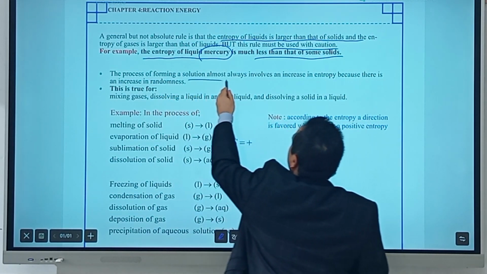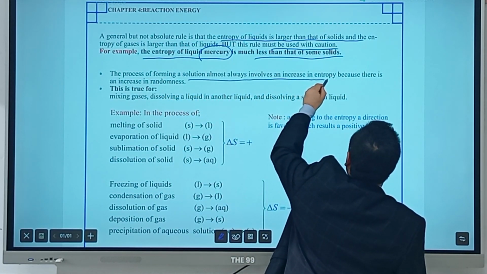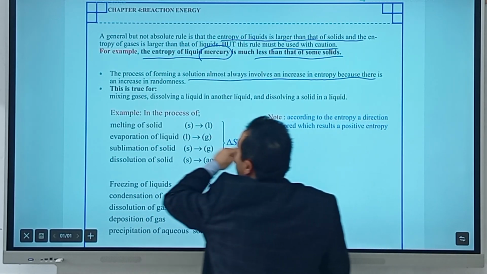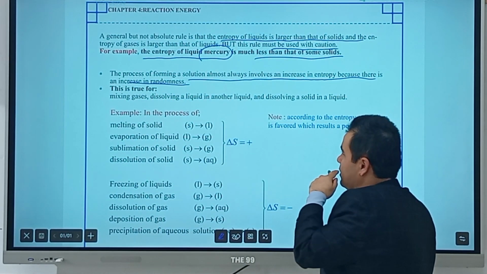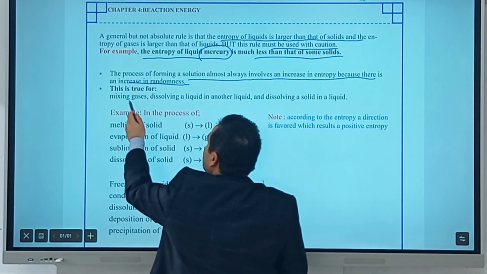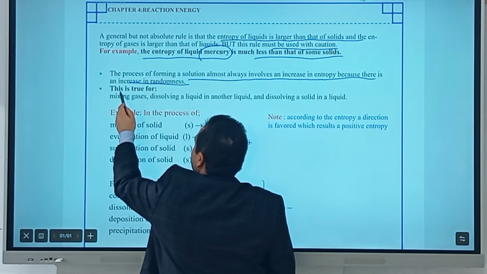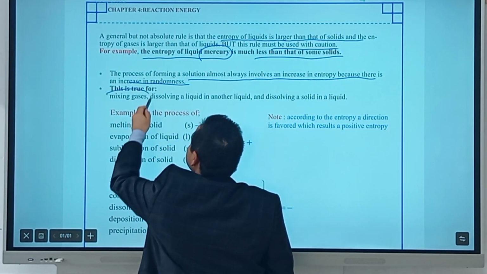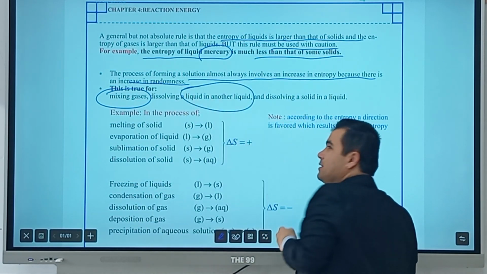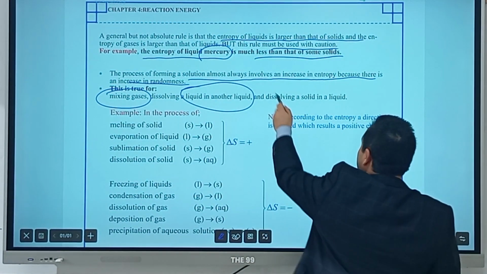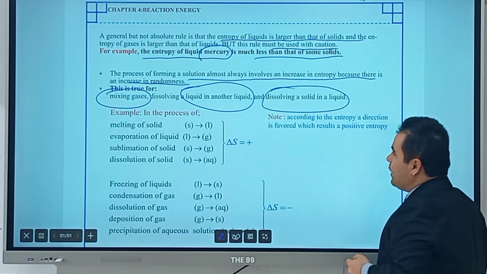The process of forming a solution increases the entropy. Why? Because it increases the randomness. This is true for what? For the formation of solutions: mixing two gases first, dissolving two liquids in each other, and then dissolving a solid in a liquid.